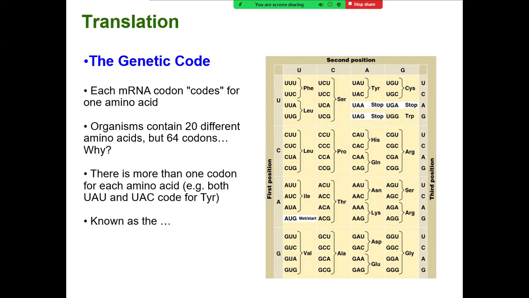Why? Well, there's more than one codon for an amino acid. For example, phenylalanine is encoded by both the codon UUU and UUC.